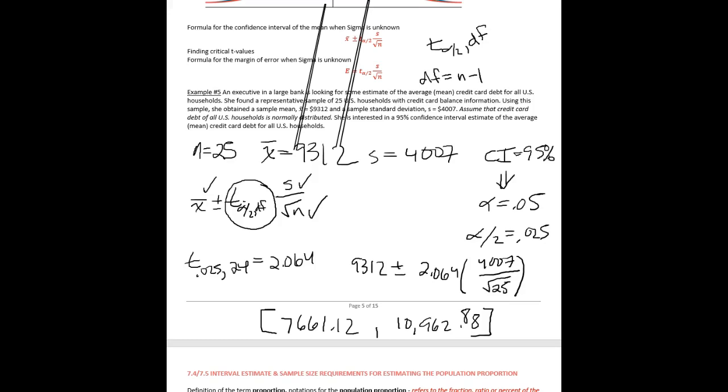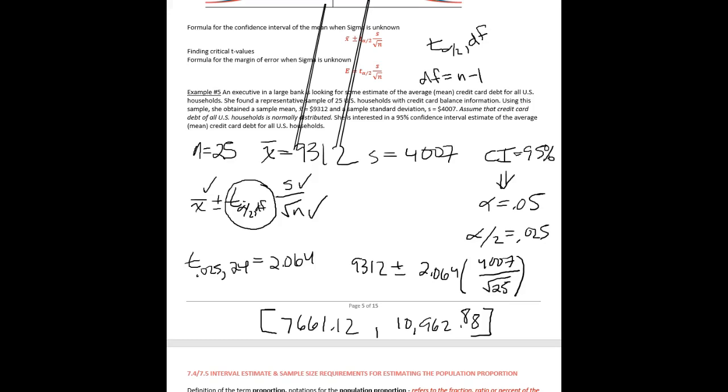But we can create a confidence interval that we are 95% certain the credit card debt resides in. So we're 95% certain that the average U.S. household credit card debt is between 7661 and 10,963.